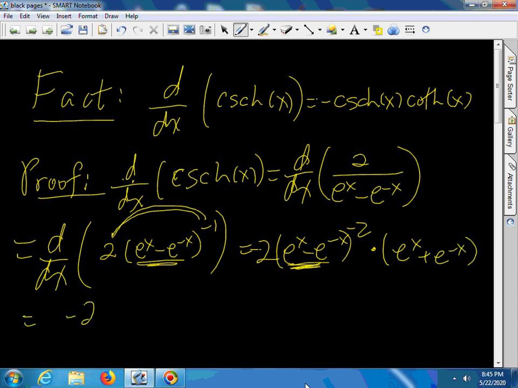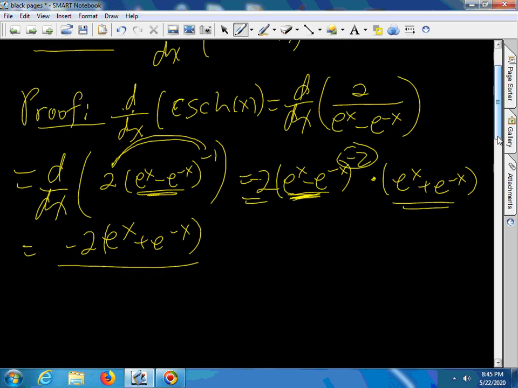So this becomes negative 2 times e to the x plus e to the negative x, over e to the x minus e to the negative x all squared. Now here, you have to be careful with what I'm going to do.